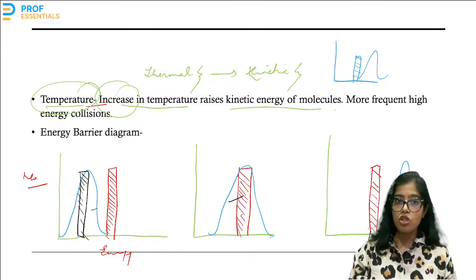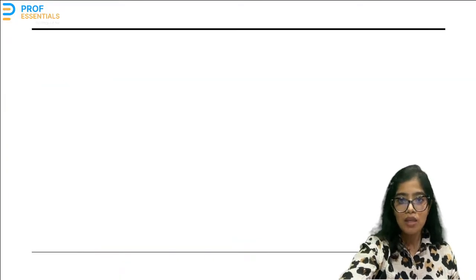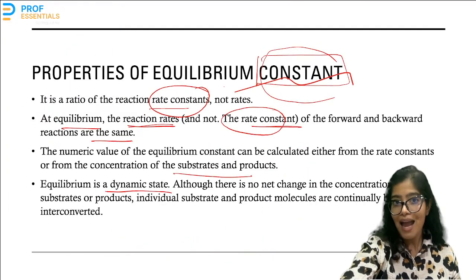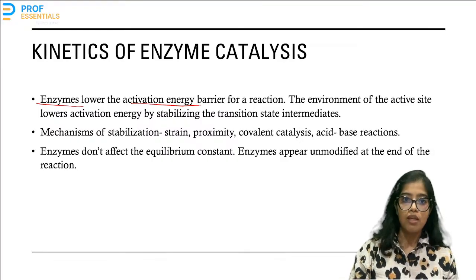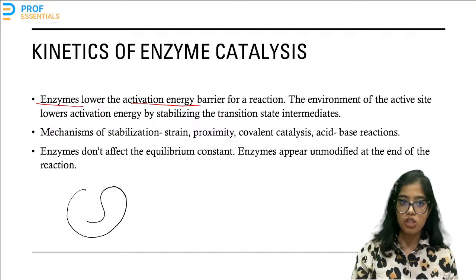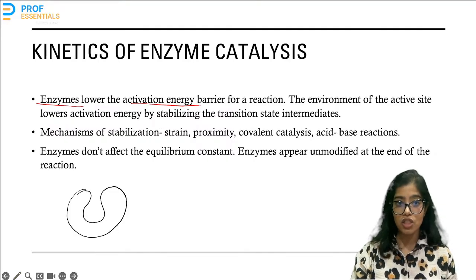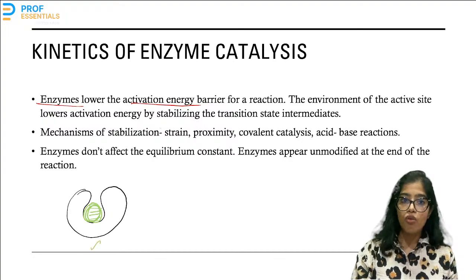Now an enzyme is going to lower the energy barrier. And how does it lower the energy barrier? The substrate binds at the active site of the enzyme, right? There are some changes in the active site whenever a substrate binds. We read in the last session how the binding of the substrate to the active site brings about a conformational change in both the enzyme and the substrate.